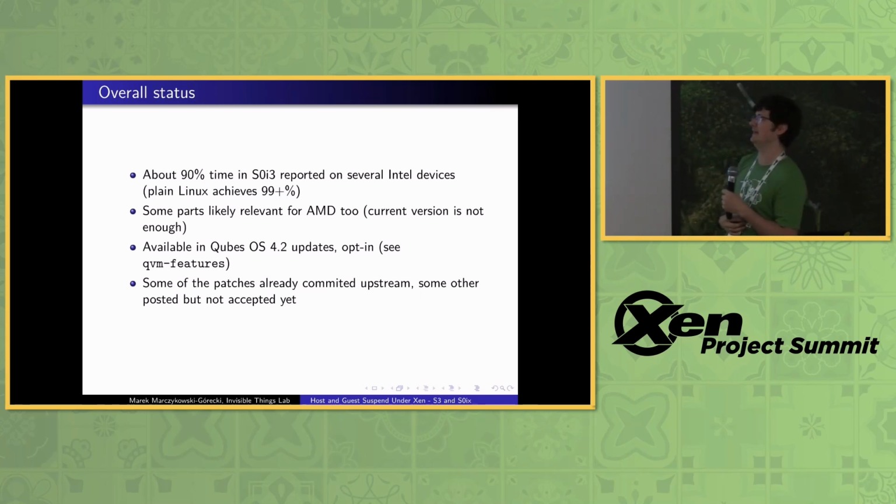To enable debugging this, we need similar MSR access for Dom0 to actually be able to debug it, because currently Dom0 doesn't report those requirements if you run AMD. Yeah, and it is available in Qubes 4.2 as opt-in, and some patches are upstream, some are posted, some are ugly enough that we are not happy to post them.